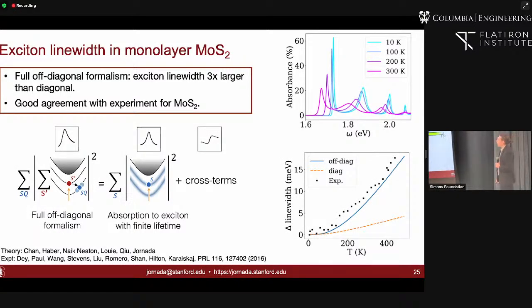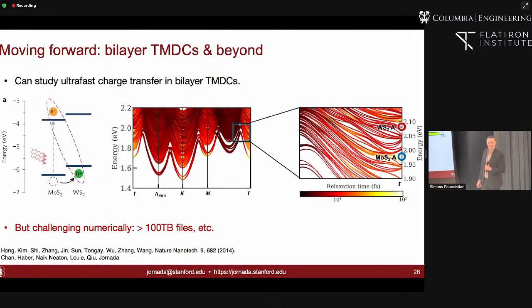We're also looking forward to looking at more complicated systems. We have preliminary data working on precisely those bilayers that we mentioned, and understanding the ultra-fast charge transfer process. We can now compute the exciton-phonon coupling throughout the Brillouin zone for all those systems, but it's quite computationally demanding because your exciton lies in the continuum of transitions, which means I have to include a very fine k-point sampling, a very large number of excitons with different final momentum, and a very large number of exciton bands.